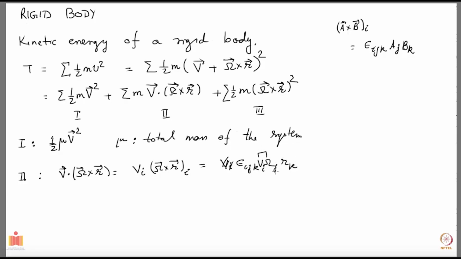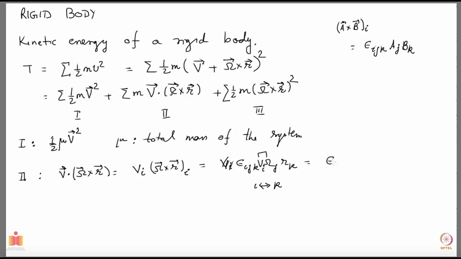Let me just relabel the indices. I will start calling k as i and i as k. Because all these indices i, j, k are summed over, they are dummy and I can just rename them, there's no problem.